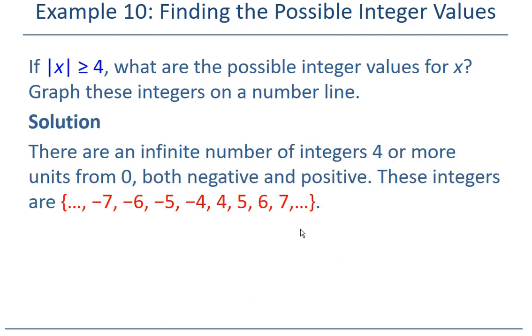Now, notice how they are setting this up in roster notation. They're indicating it with an ellipsis, and then showing the pattern going down to negative 4, but then there are no other values here until it gets to positive 4, and the ellipsis continues then on this end.